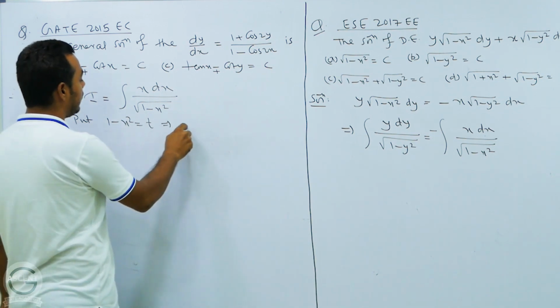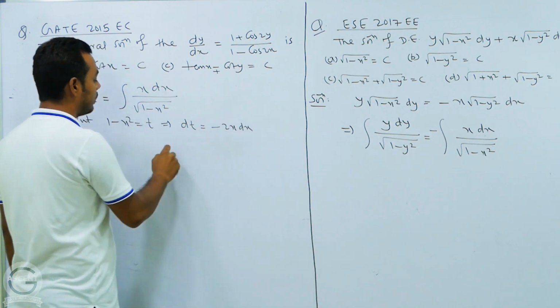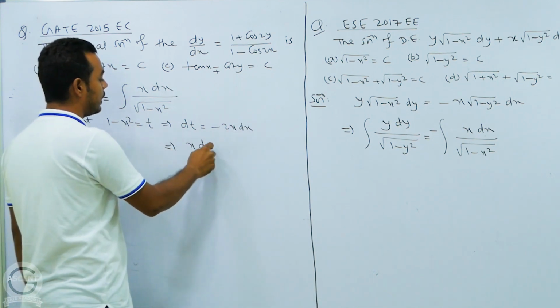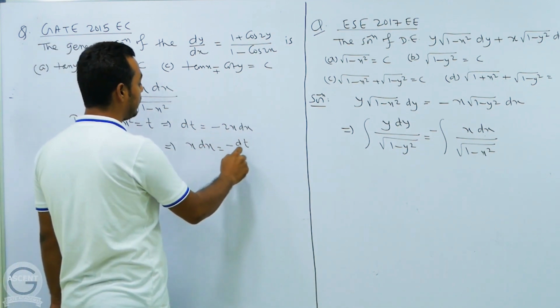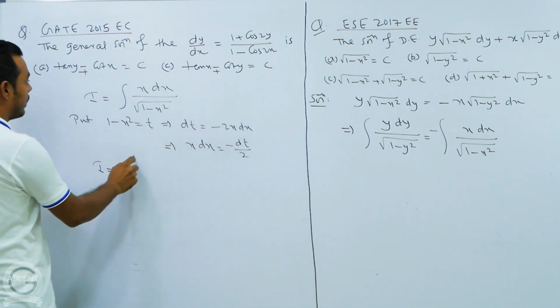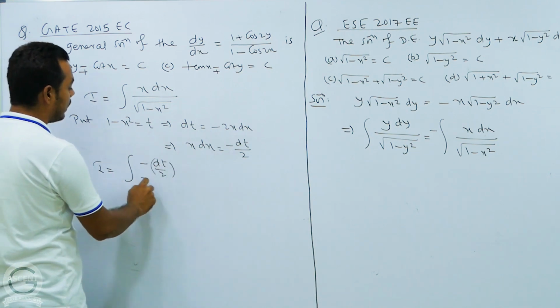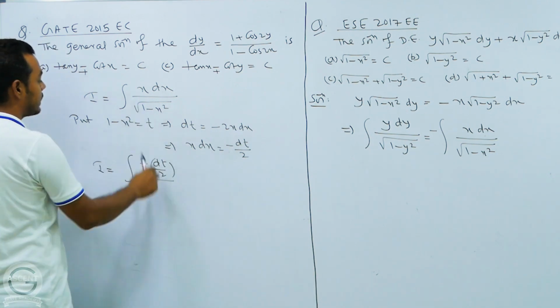So this means dt will be minus 2x dx, which means in place of x dx you can write minus dt by 2. So this integral will become integration of minus dt by 2 divided by root t, since 1 minus x square is t.